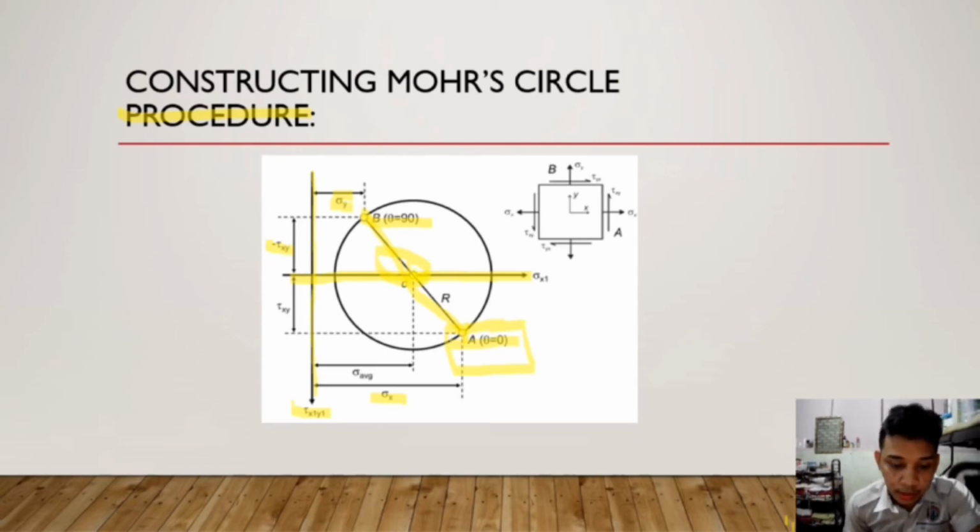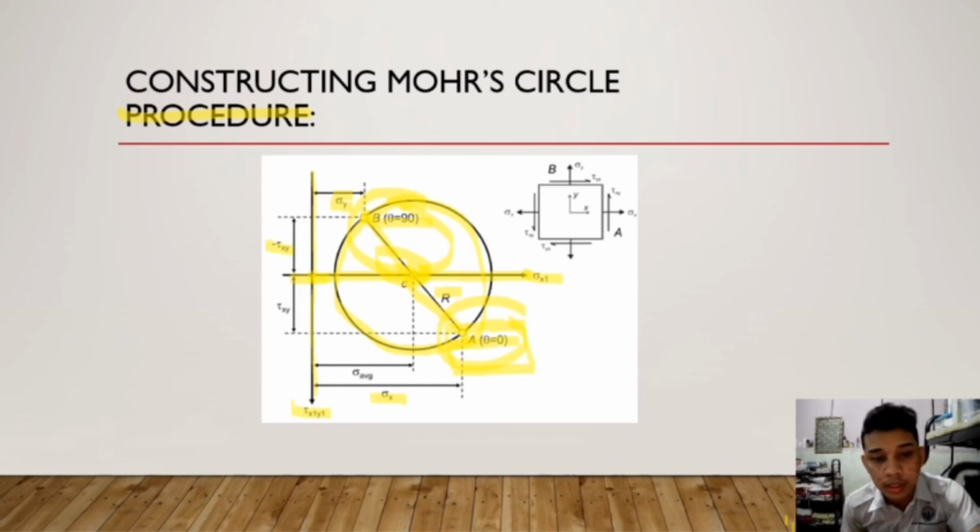Using point C as the center, draw the Mohr circle through points A and B. This circle has radius R. The center of the circle C is at a point having coordinates sigma x1 equals sigma average and tau x1y1 equals 0. So that's my explanation for constructing Mohr's circle. Thank you.